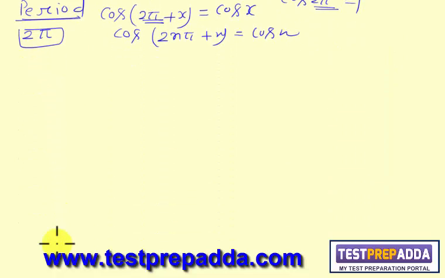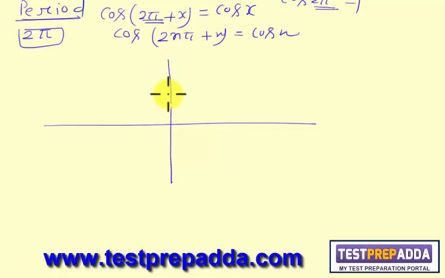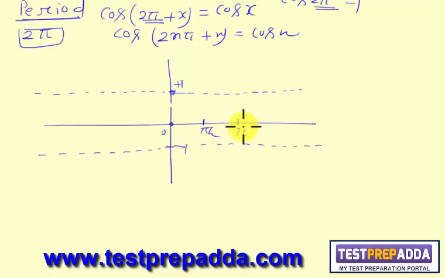Now here if I try to draw the graph, +1, -1, take this as 0. Again pi by 2, pi, 3 pi by 2, 2 pi.